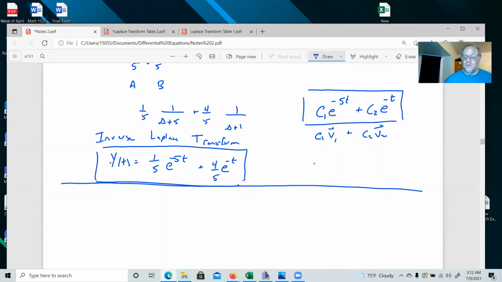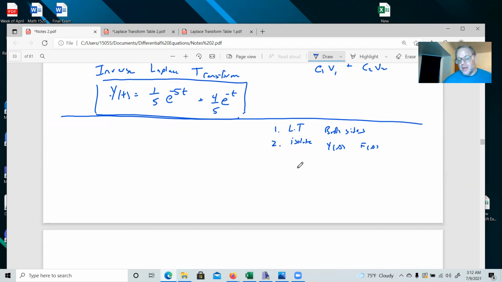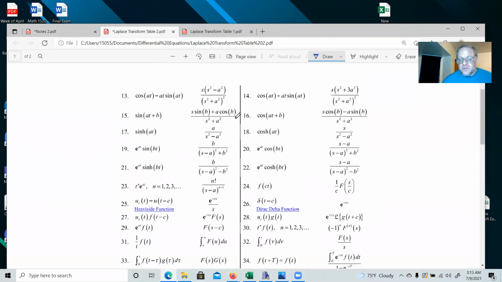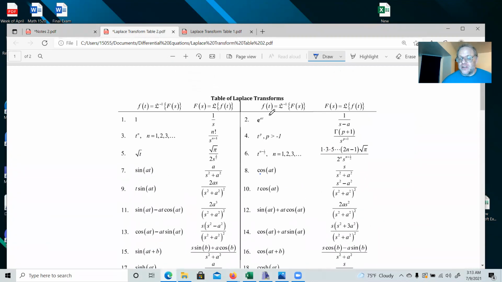So the goal is, first, we're going to take the Laplace transform of both sides. Second, we're going to work on isolating y of s or f of s, depending on how you want to spell it. Third, there's usually going to be some partial fractions, but really what we're doing is translating all of that extra stuff into functions that we can take inverse Laplace transforms of.